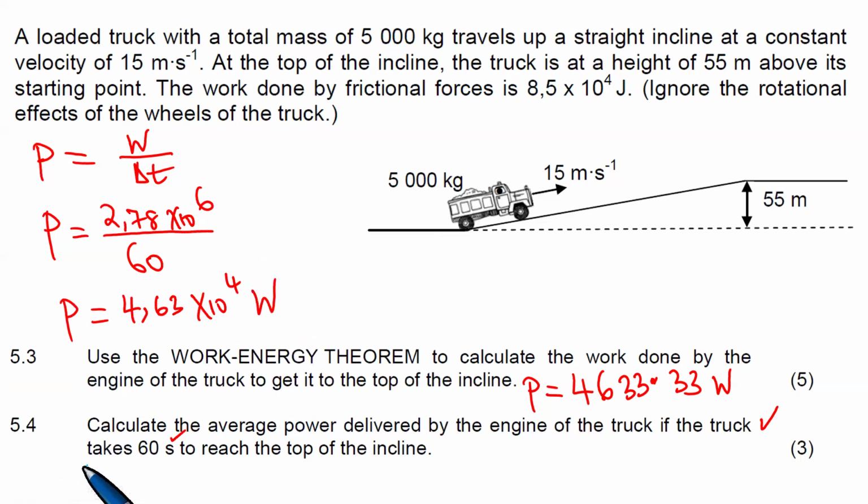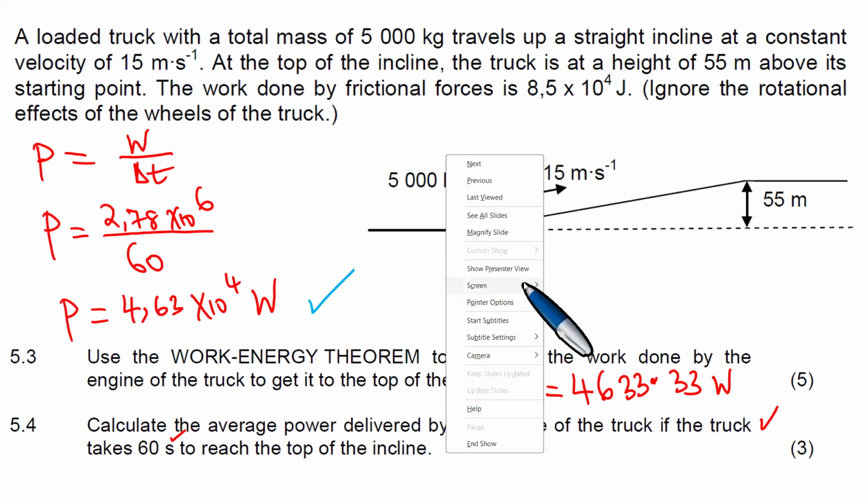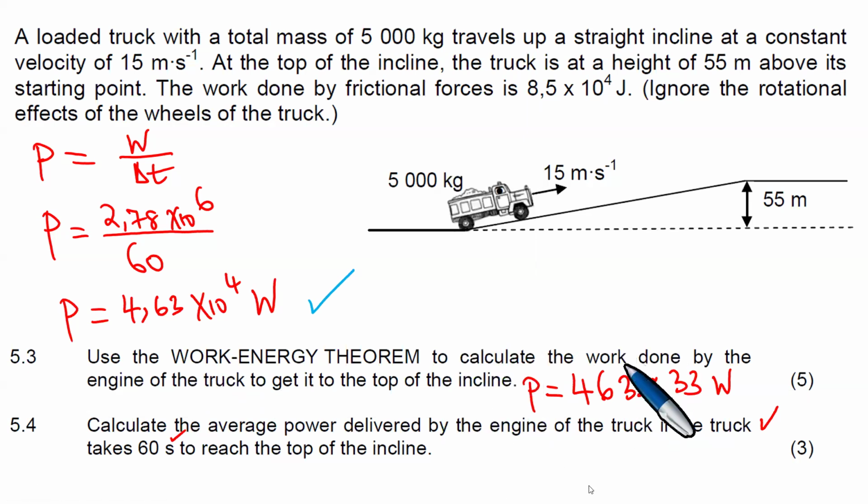Right, so 1, 2, 3. Okay, check this out. It's going to be exactly 4.63 times 10 to the 4th power watts. I can use a calculator just to confirm these things.